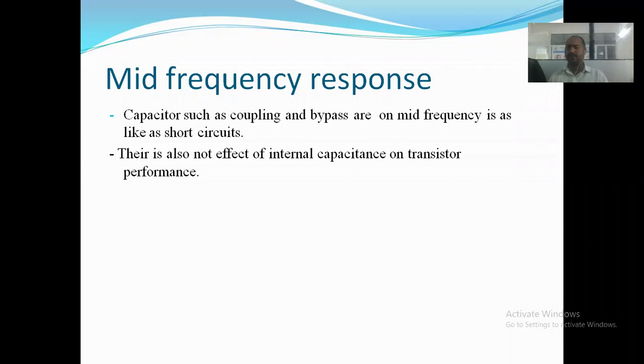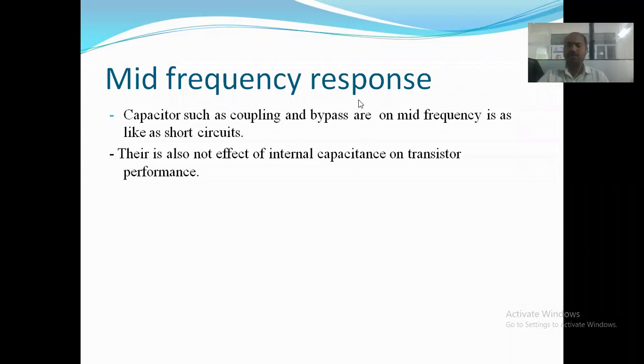During low frequency and high frequency, either the coupling capacitors or the internal capacitors are taking part in the circuit, so the circuit response is degraded, right? That we know. But high is not operating and low is not operating, so which frequency is operating with respect to the transistor? The important frequency is mid frequency. So the effect of mid frequency is what we will be discussing, right?